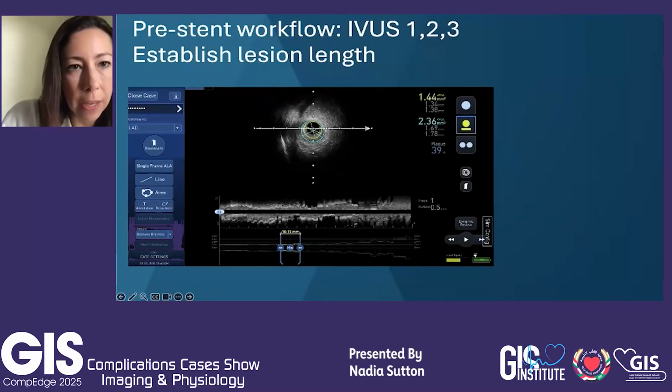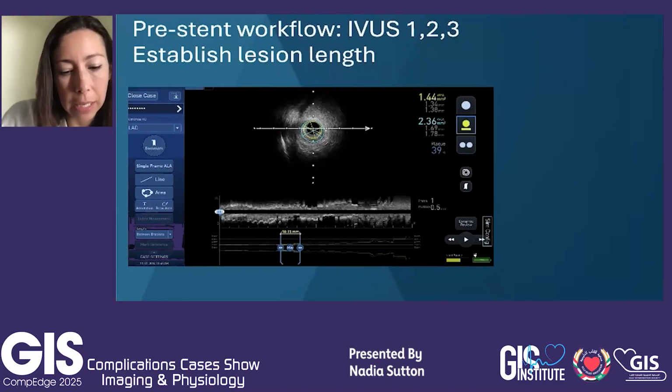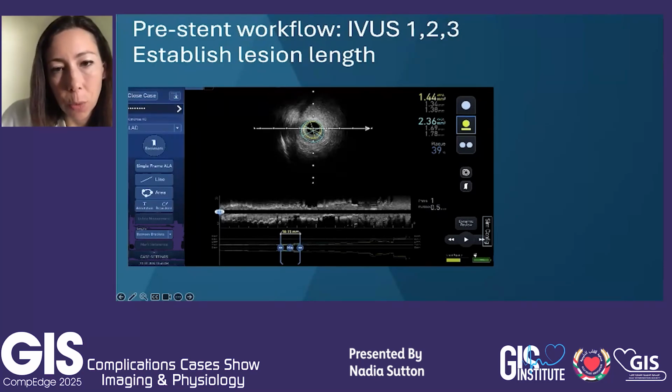You can see that here we're trying to establish the lesion length. And you can see in the upper right-hand corner, we have some information that has been identified by AI. So we have the 1.44 millimeter squared area of the lumen in yellow. And then in the teal color, we have the area of 2.36 millimeters squared.